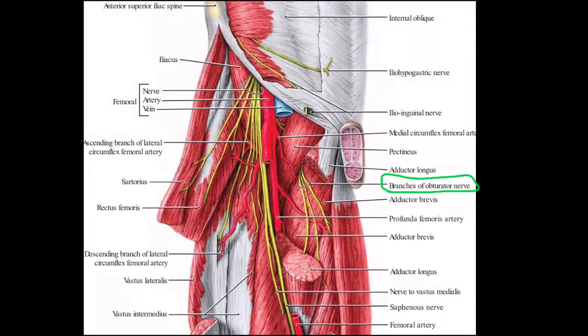So if you observe, as this one is adductor brevis, so this must be the anterior branches of obturator nerve.